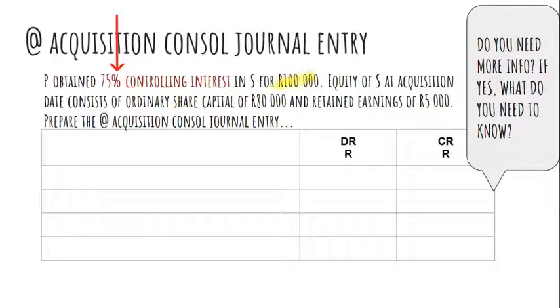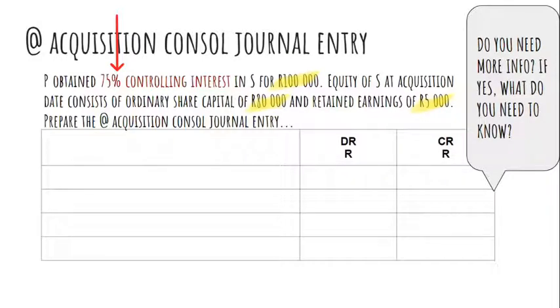So the 100,000 Rand is the cost of the investment and the consideration that P paid to gain this controlling interest. The at-acquisition equity of S consists of ordinary share capital of 80,000 Rand and retained earnings of 5,000 Rand. So there's a net asset value at acquisition date of 85,000 Rand, indicative of the value of that business.